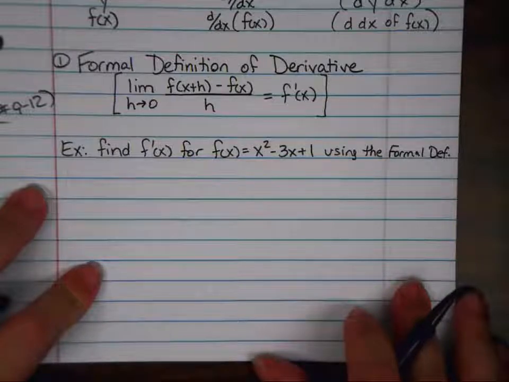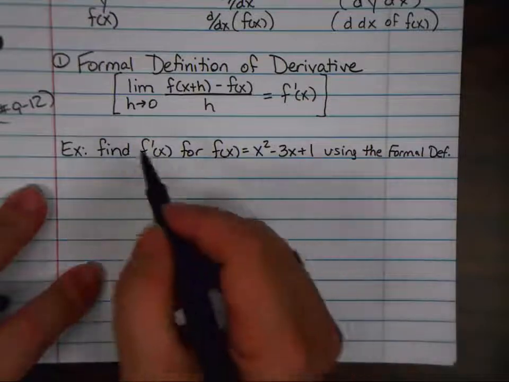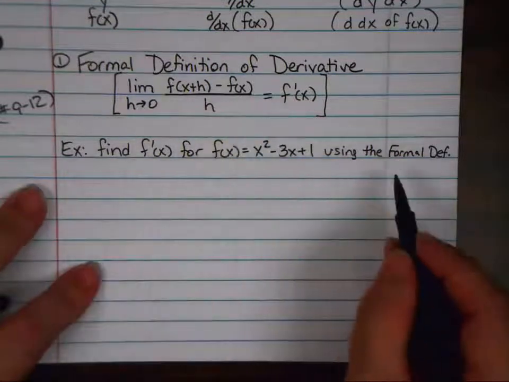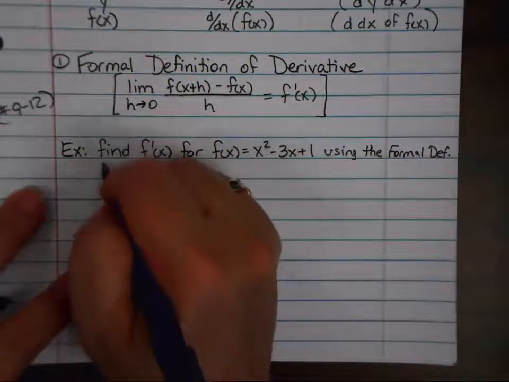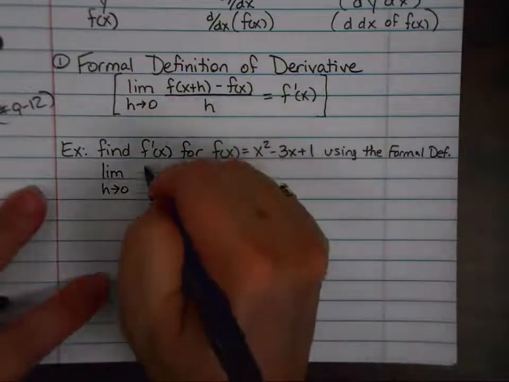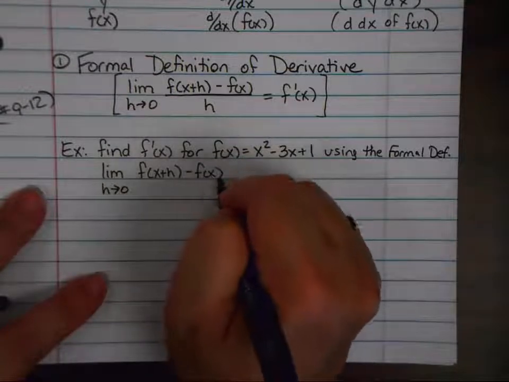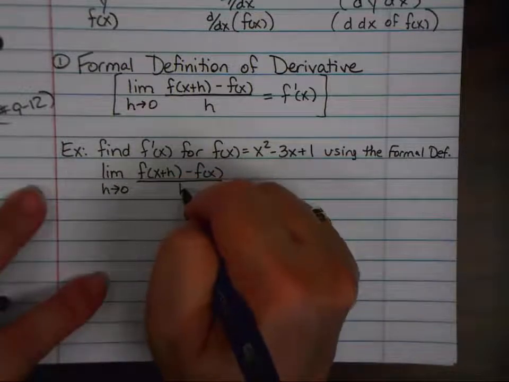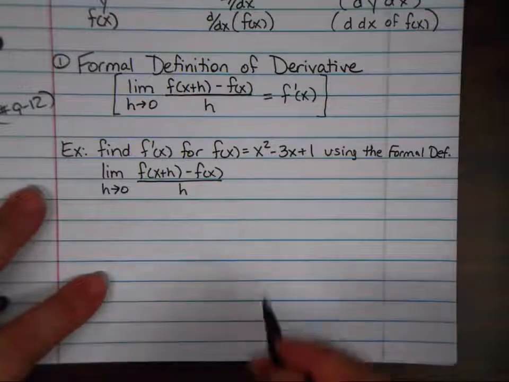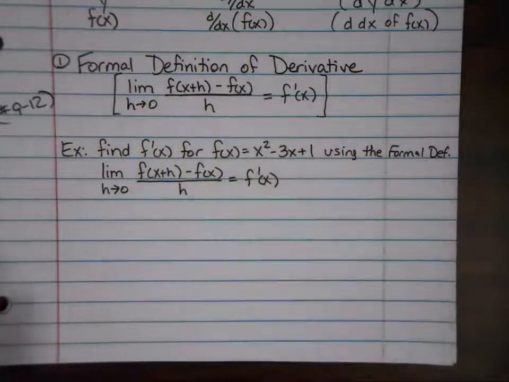Okay, so we're actually going to find the derivative equation for this. First thing I want you to do with any one of these problems is to copy down the formula. So we have limit as h approaches 0 of f of x plus h minus f of x all over h equals f prime of x.